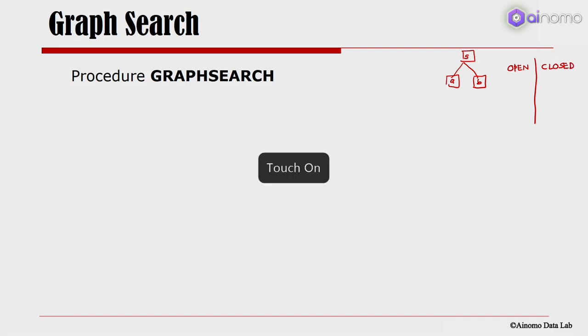Even before I write the algorithm for the graph search procedure, I would like to highlight what we literally do. We have the start node S, and we have its successors, let's call them A and B. We create 2 lists, one called open and the other called closed, and we first put S in the place where it needs to be expanded.